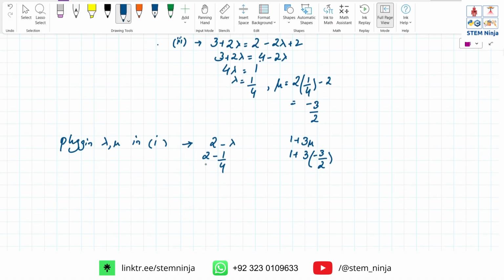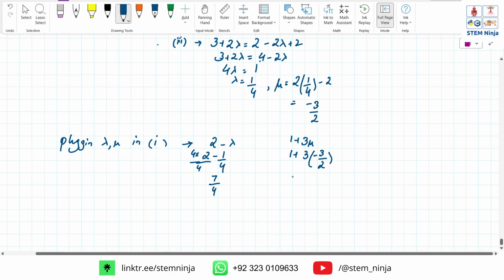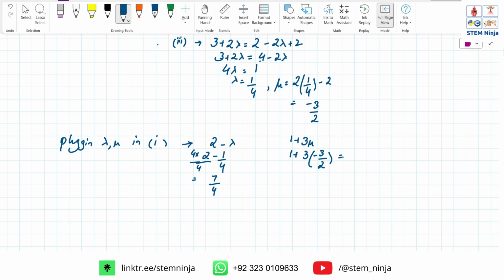So let's simplify this. Times by 4. So 8 minus 1 is 7 over 4. So this is 1 minus 9 over 2. So times by 2. So 9 minus 2 is 7 over 2.